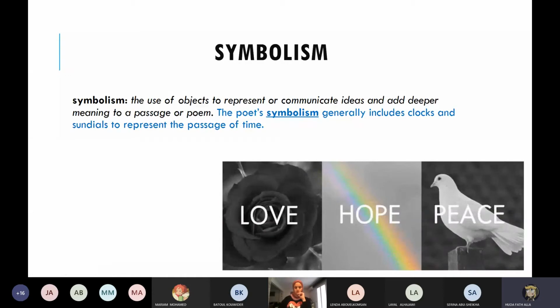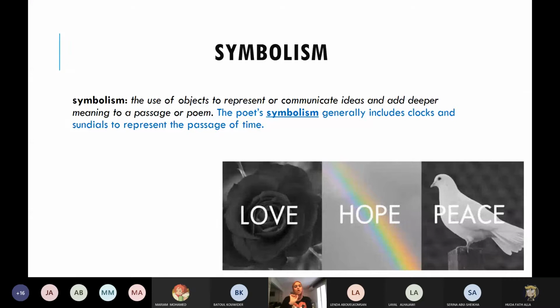Most authors, especially poets, use symbolism. They talk about something that symbolizes a greater idea, a greater message, as a flower resembles love, as a rainbow resembles hope, as a dove resembles peace.